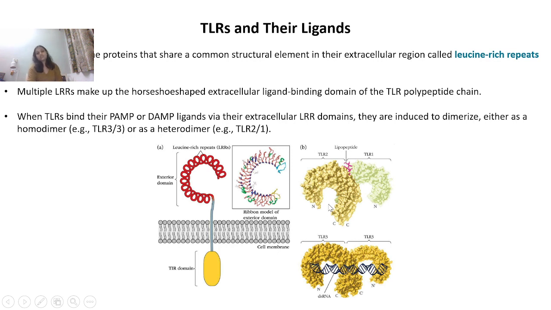Here we can see TLR2 and TLR1 binding, and there is a lipopeptide present. So there is either formation of a homodimer or heterodimer by these TLRs, and you can see there is a TIR domain present in the cytoplasmic region which can bind to the TIR domain of the different types of adapters which are present for the downstream signaling.